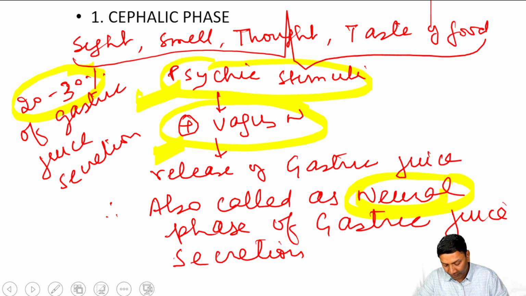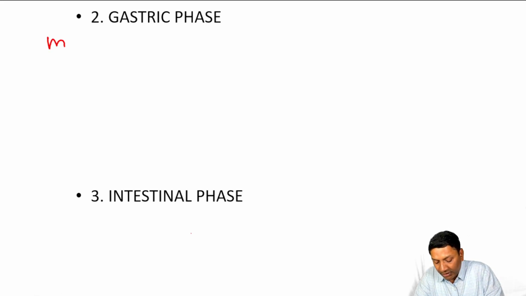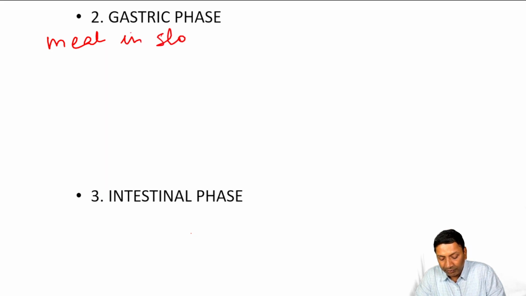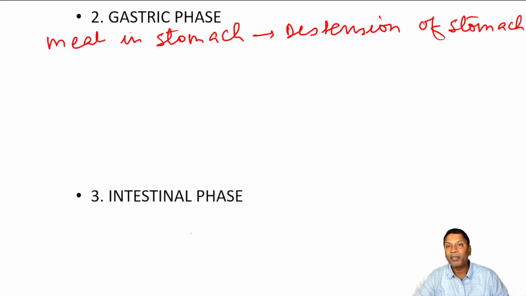Then the second phase of the gastric juice secretion is the gastric phase. So what is the gastric phase? The meal is in the stomach. The meal in the stomach will lead to distension of the stomach, and this distension will lead to two things.